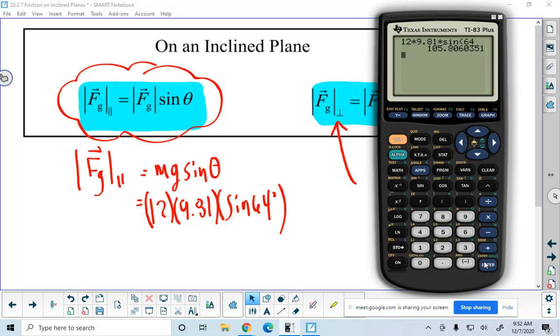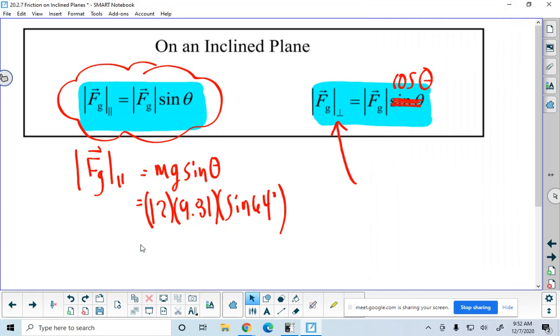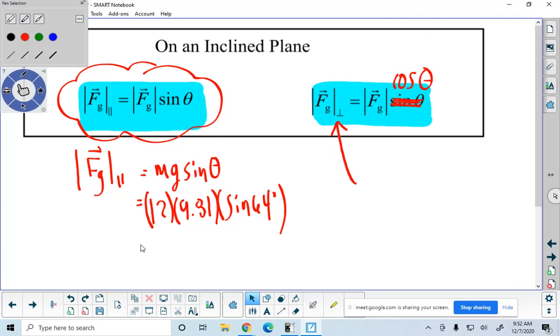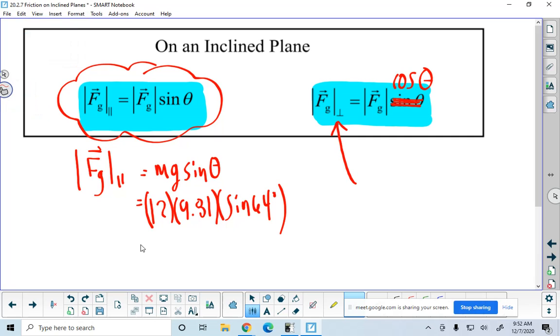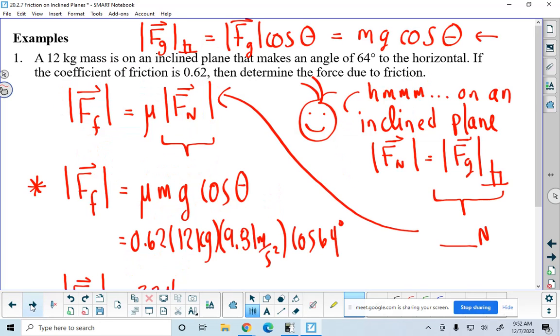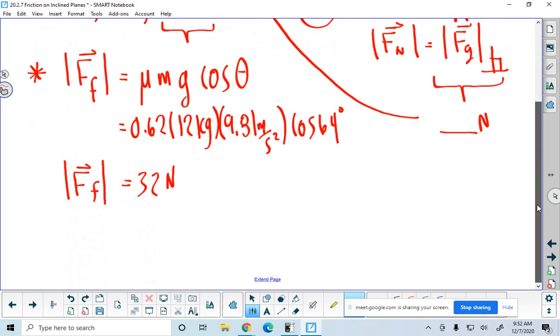And the question I want to ask everybody, which isn't part of today's lesson, but I'm throwing it out there anyway. This 106 newtons is the force of gravity that is pulling the object along the ramp towards the bottom of the ramp. So if I draw this, I won't waste a lot of time with this, I'll just roughly draw it.